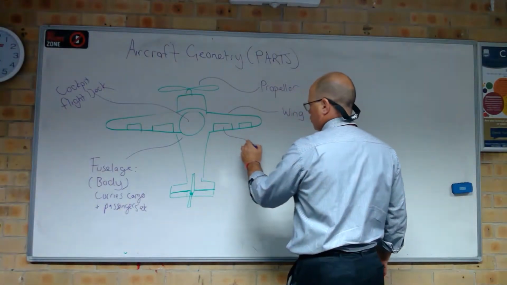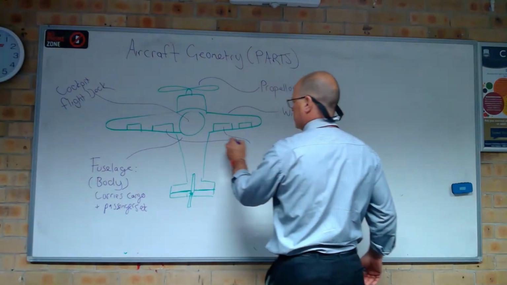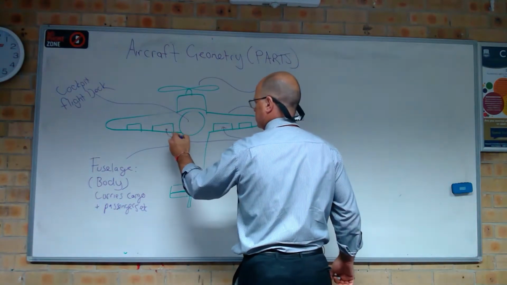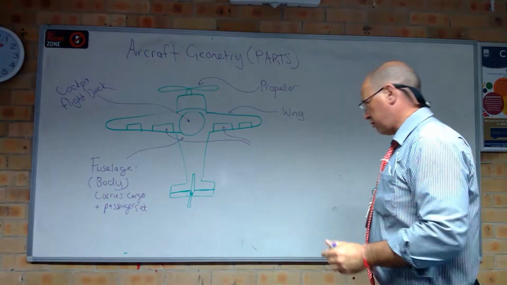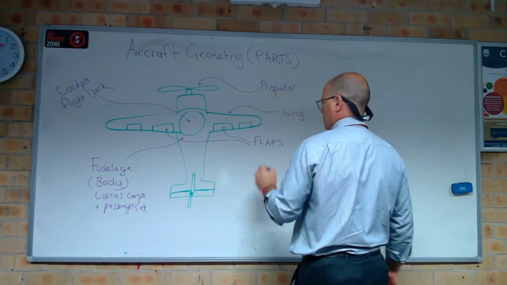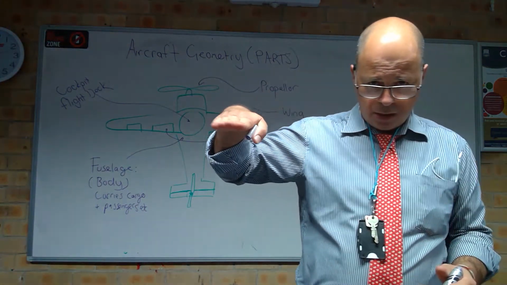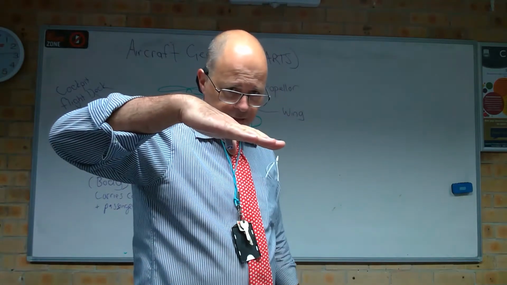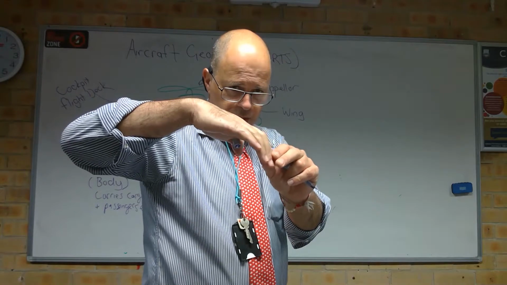Usually on this aircraft, not always, but most often you'll find that these two surfaces here are called the flaps. And basically what they do is they increase the camber of the wings. So if the wing's at an angle of attack like that, and the airflow is being directed downwards, they extend.